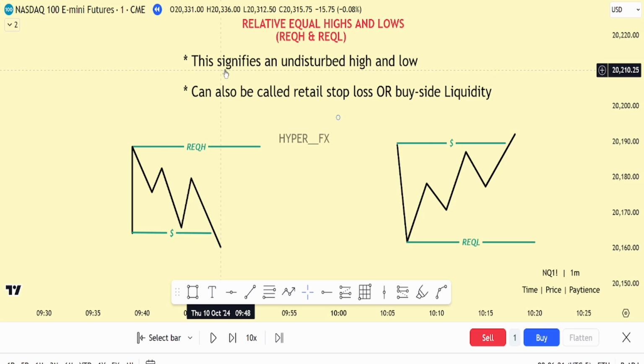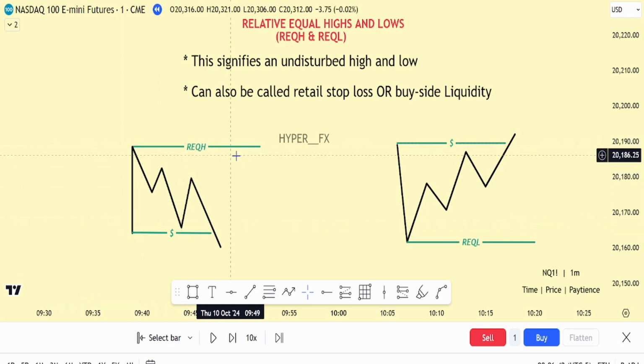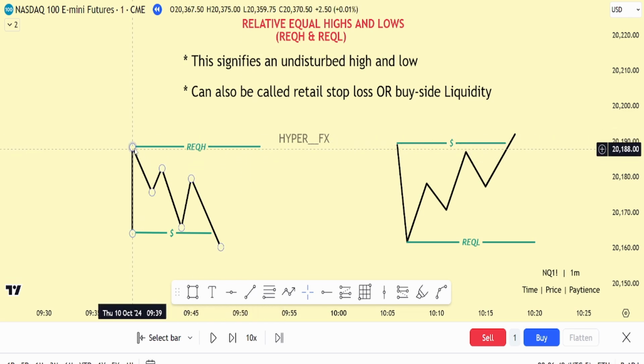Relative equal highs and lows signify an undisturbed high and low. If you are familiar with the concept of turtle soup or break of structure, what I mean is that a relative equal high is a high that has not been disturbed or engaged by price action.